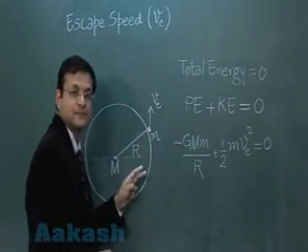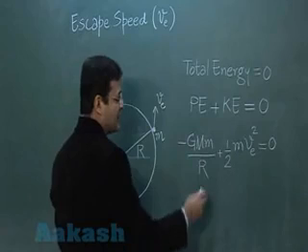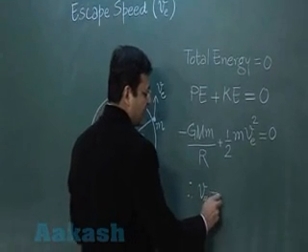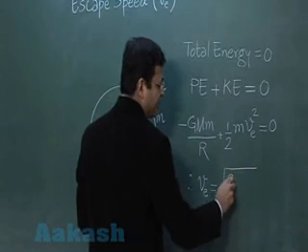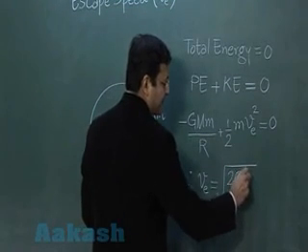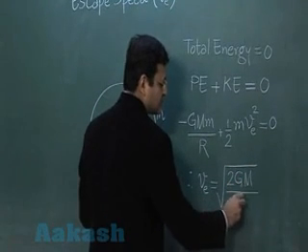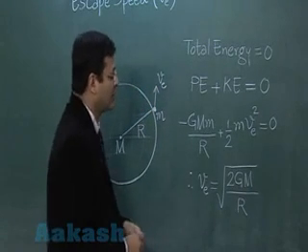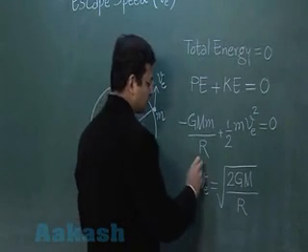And if you simplify this, then you will find that the expression of escape speed is under root 2GM upon capital R. You understand? This is the expression you are obtaining for escape speed.